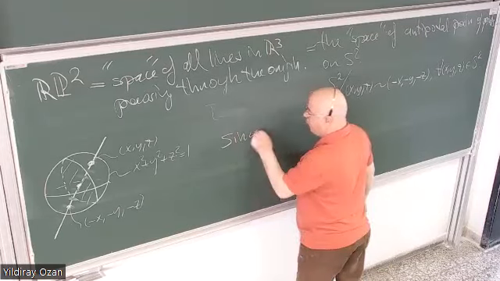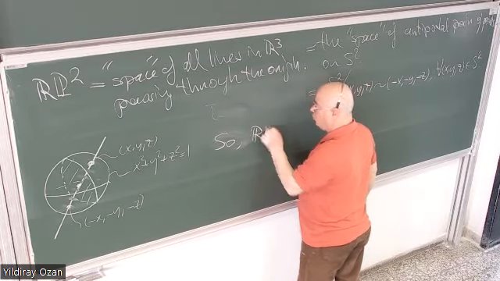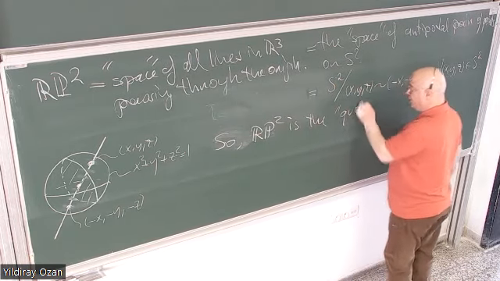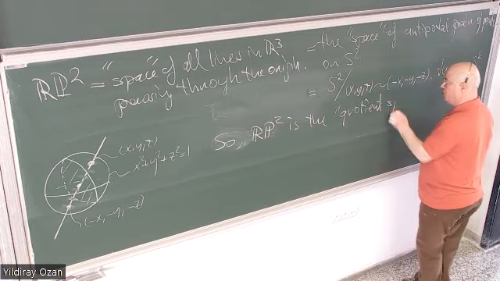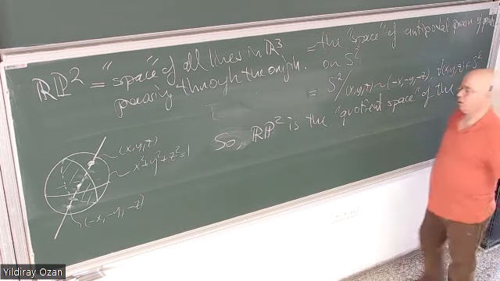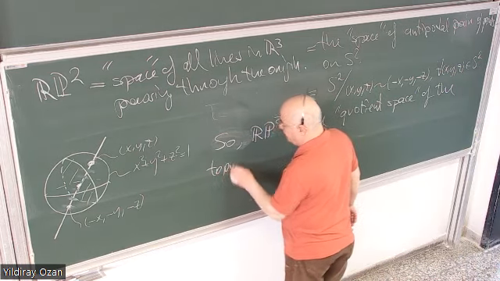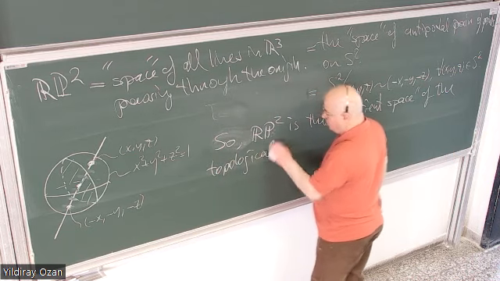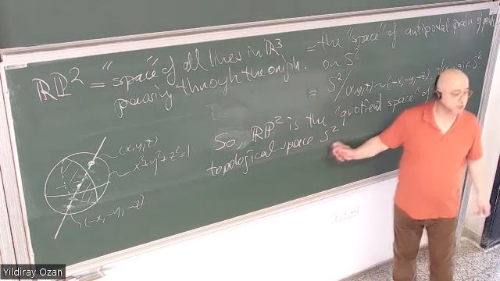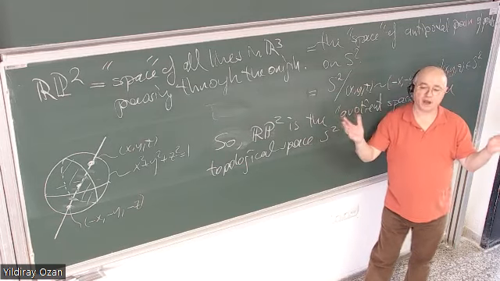Since RP2 is the quotient space of the topological space S2. S2 is a topological space. Why is that? Well, it is inside R3.